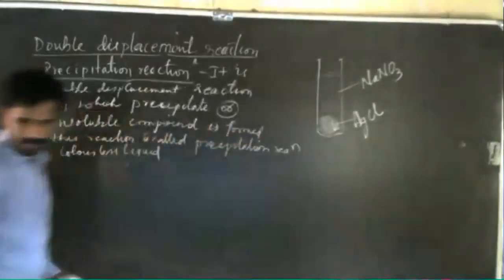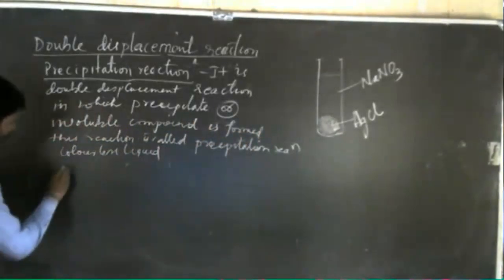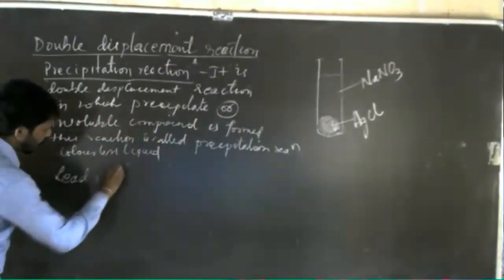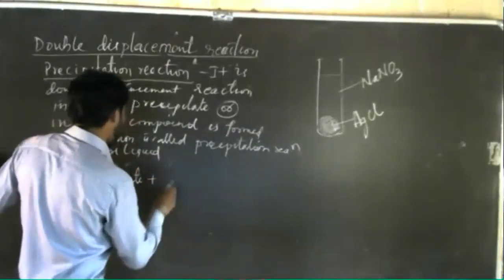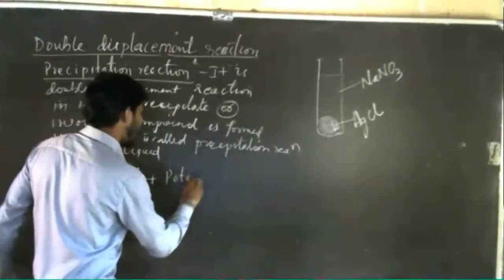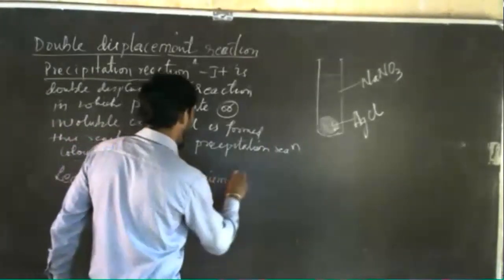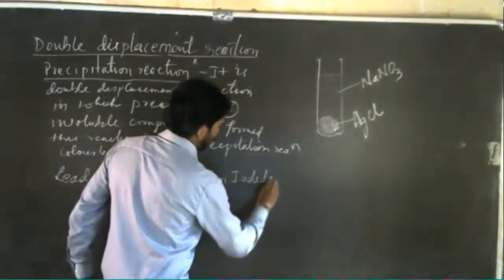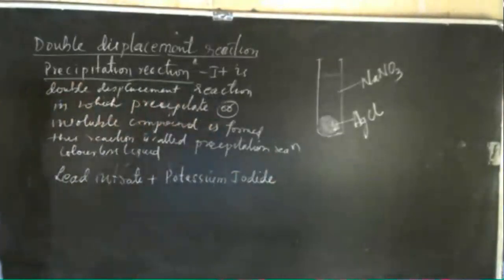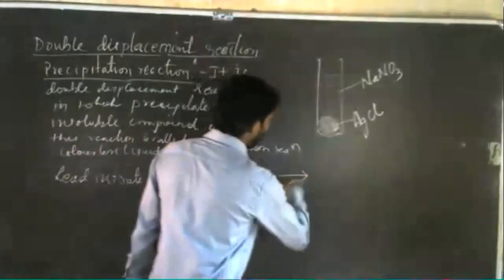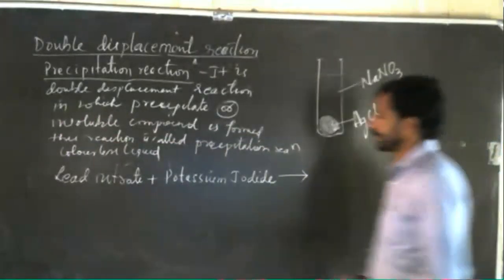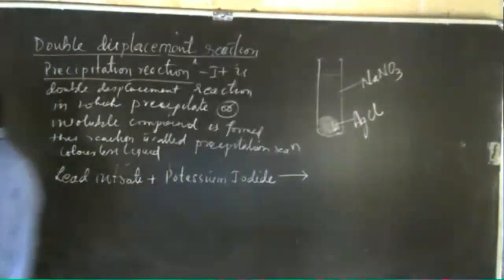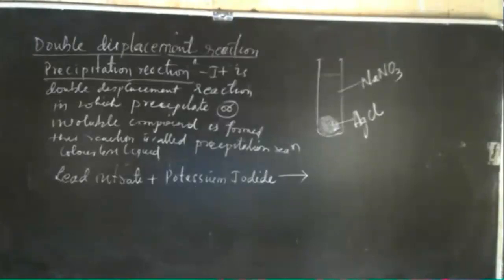I'll give one more example. Write the reaction; I'll write it in a sentence over here. Lead nitrate reacts with potassium iodide. Complete the following reaction using all the symbols of a chemical equation.